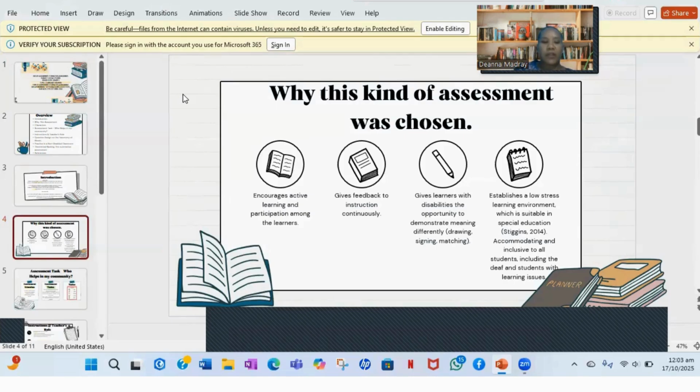It shifts our focus from simply measuring performance to actively improving. By choosing continuous feedback, low stress, and inclusive demonstration, we empower every student to show us what they know and take an active role in their own success. My colleague, Ms. Tatiana Nunes, will now continue this presentation based on a practical example of formative assessment.